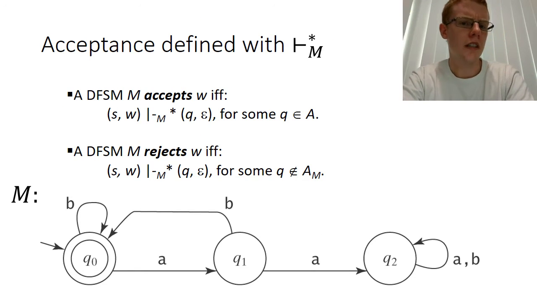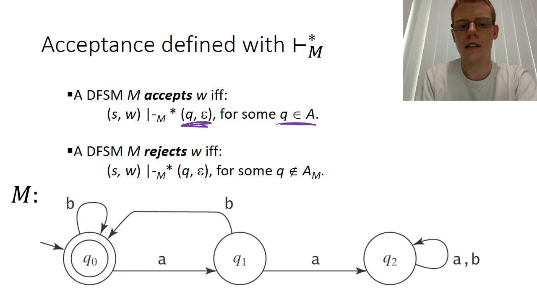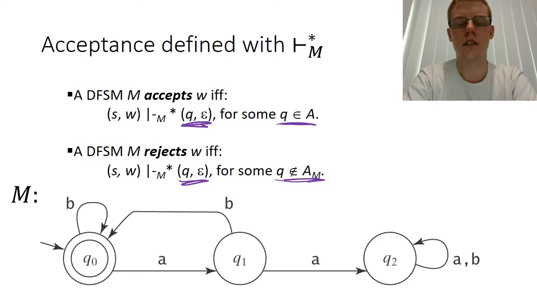So now that we have this yields relation, we can define accepting configurations, which are simply a pair of a state Q and the empty string as input, with Q being in an accepting state, and pairs of some state and input with Q not being in the accepting set of states. We can define that as our accepting configurations.